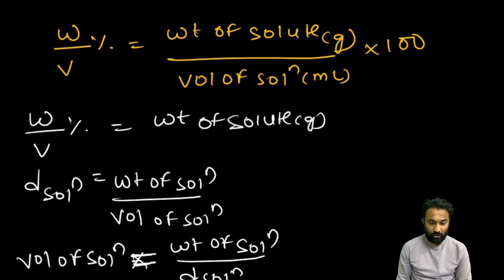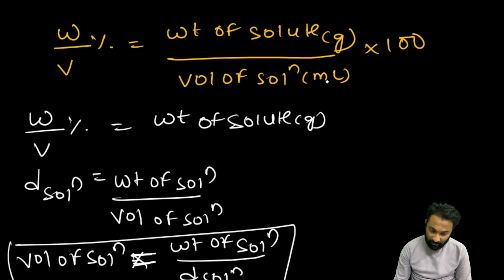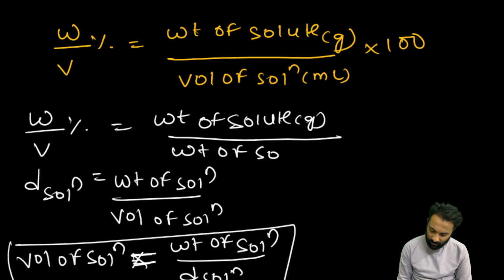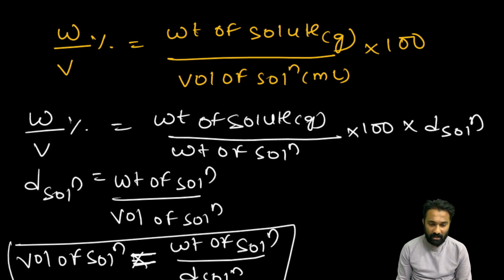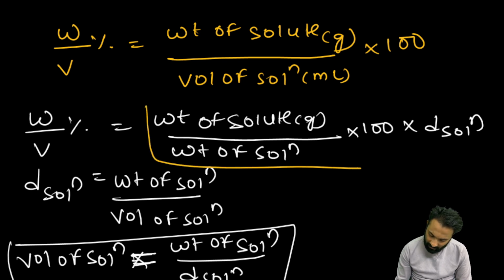Can I substitute this volume of solution here? Then what will it become? Weight of solute in grams is equal to weight of solution by the density of the solution, right? Here, 100 into density of the solution, can I write? Clear? Now you see, this is weight of solute in grams and the volume of solution into 100.